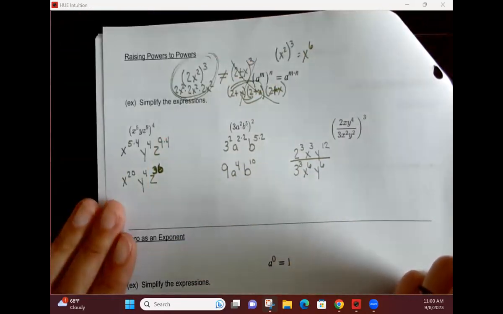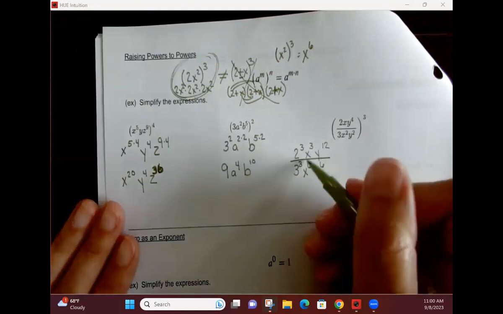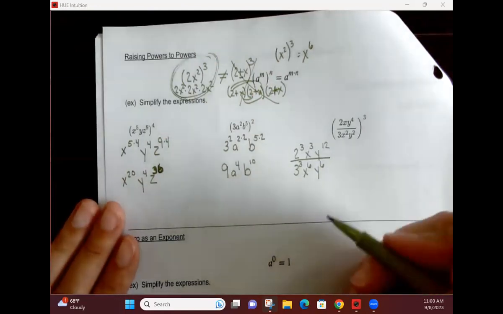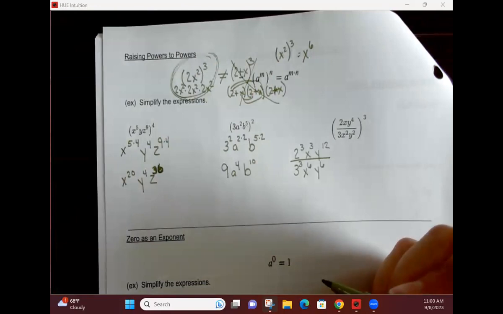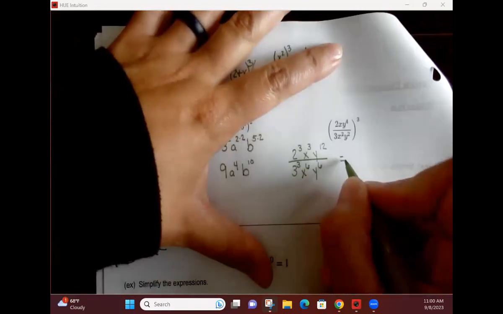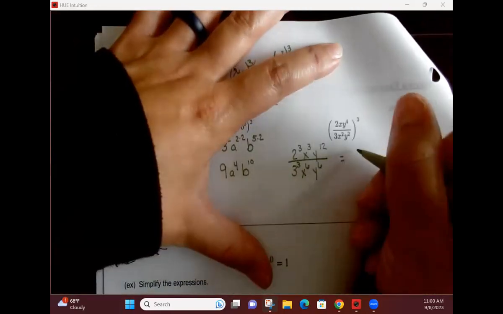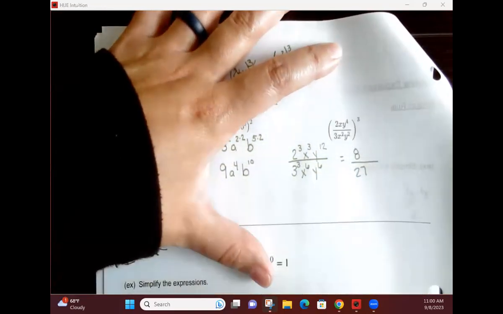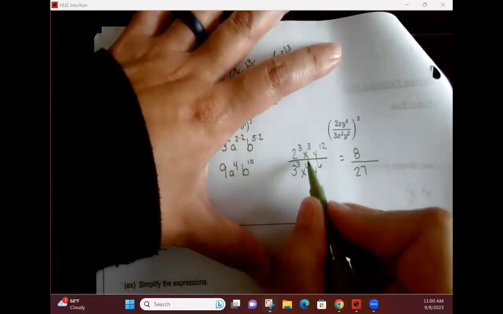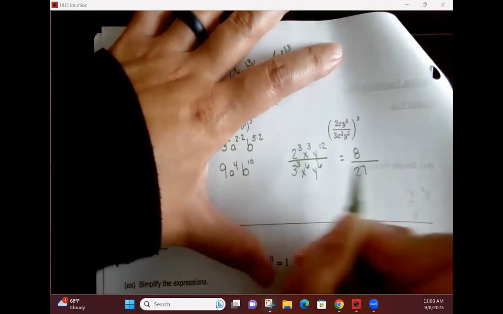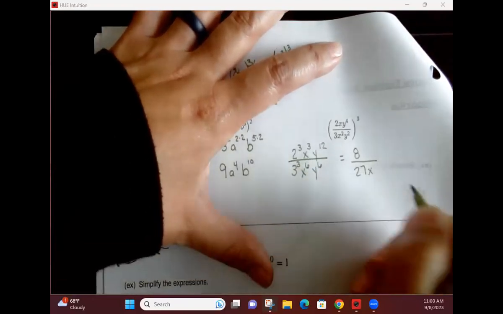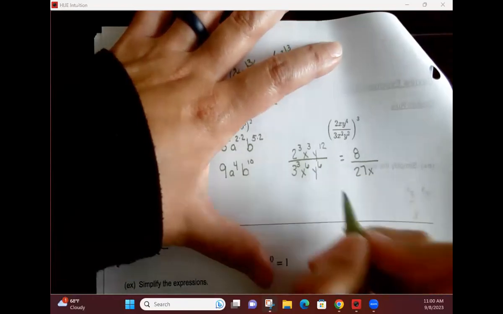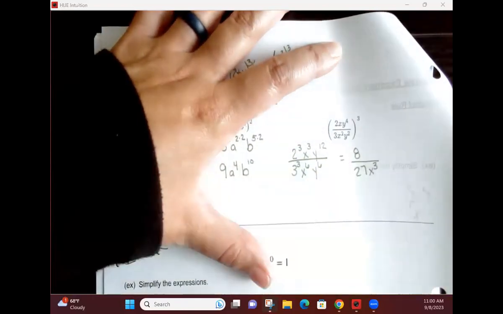Now we're going to combine like terms. I've got x's on top and bottom, y's on top and bottom, so we'll be subtracting some of those powers. For my numbers, I'm just going to simplify. 2 cubed is 8, 3 cubed is 27. For my x's, the bigger exponent lives on the bottom, so I know whatever I have left will stay on the bottom. 6 minus 3 is 3.